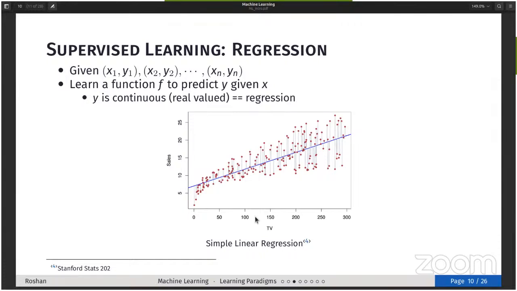Any examples? You have an input, you get an output, and whatever happens in between learning the functions and all, that's what is machine learning. Any other examples? Regression.